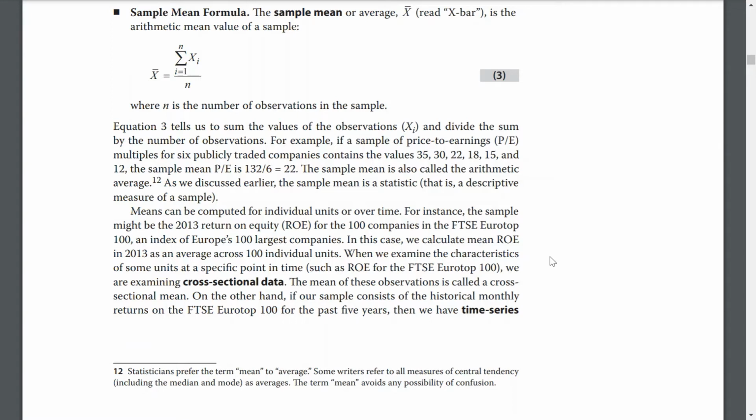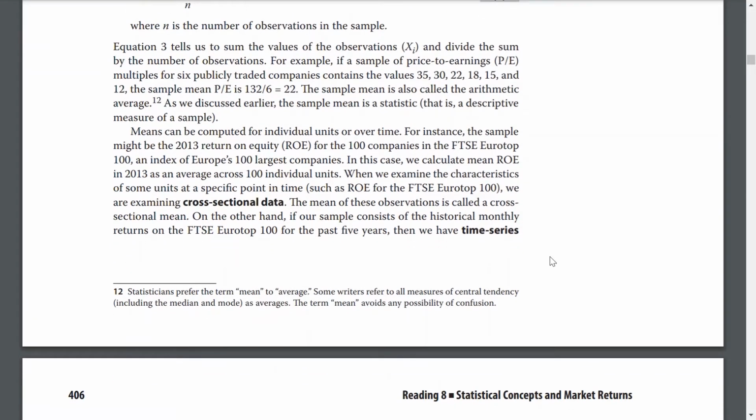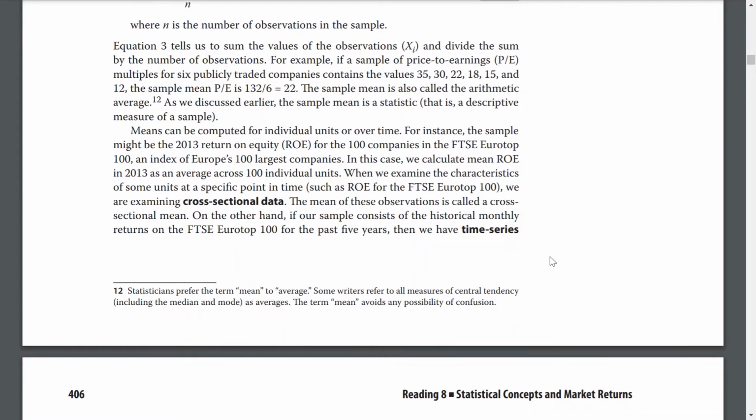When we examine the characteristics of some units at a specific point in time, such as ROE for the FTSE Euro Top 100, we are examining cross-sectional data. The mean of those observations is called a cross-sectional mean.